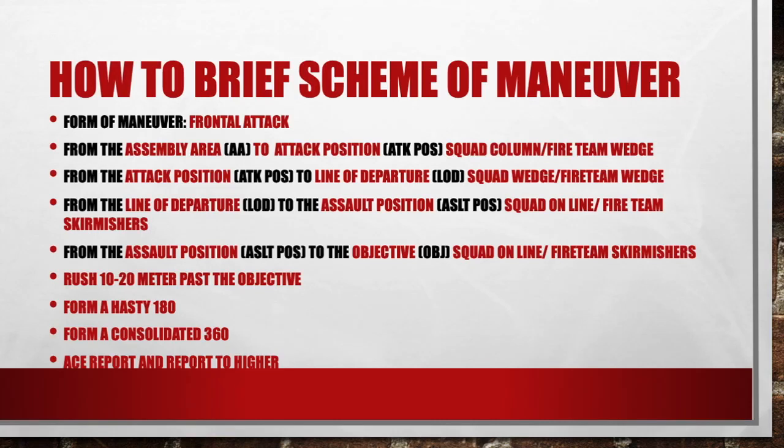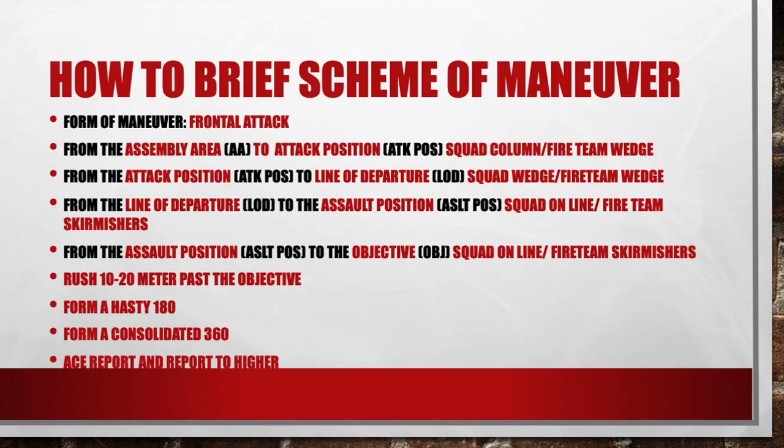At OCS, the form of maneuver will always be frontal or single envelopment. The initial formation should be squad column, fire team wedge. The attack formation should be squad wedge, fire team wedge. The assault formation should be squad on line, fire team skirmishers right or left, and then after consolidating 10 to 20 meters past the objective, you will form a hasty 180 and prepare for an enemy counterattack.